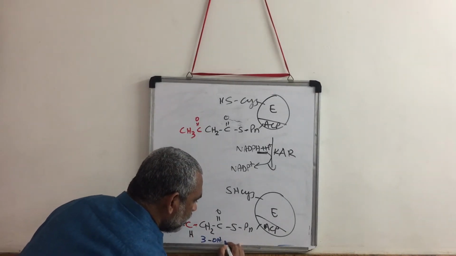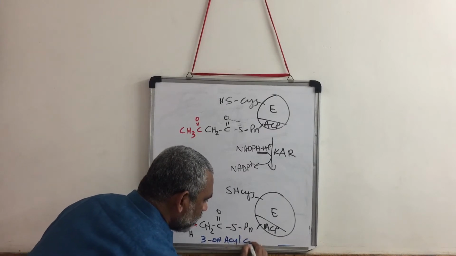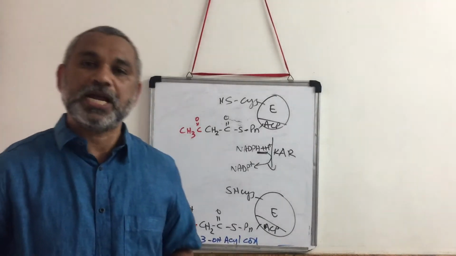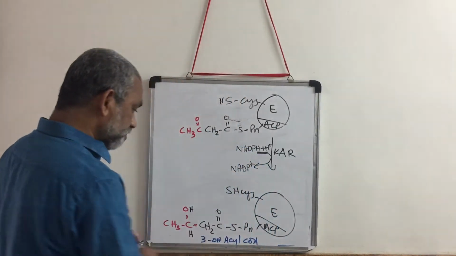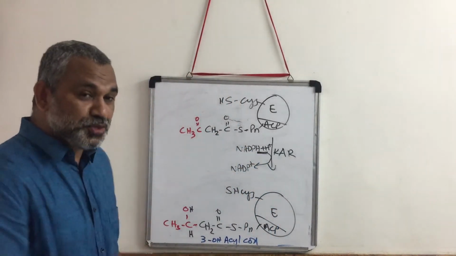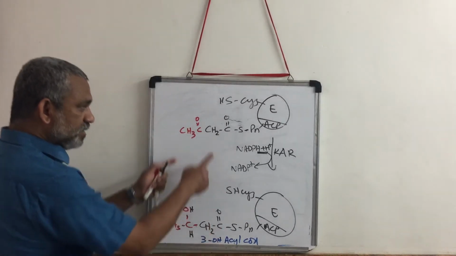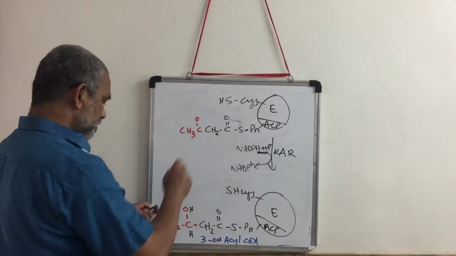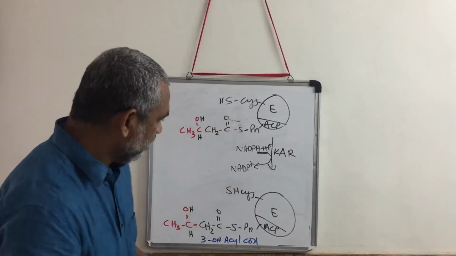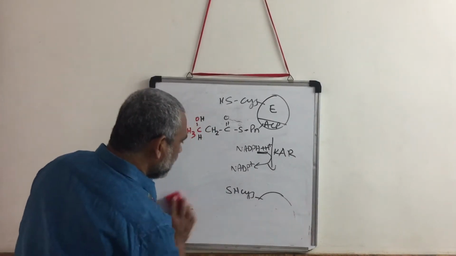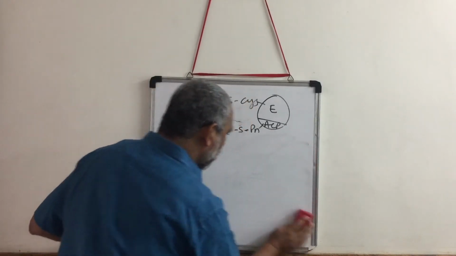3-hydroxy acyl ACP. You can also use 3-hydroxy acyl ACP. That is the next product which is formed. Now once you have that, we will convert the structure here. 3-hydroxy acyl ACP is formed.